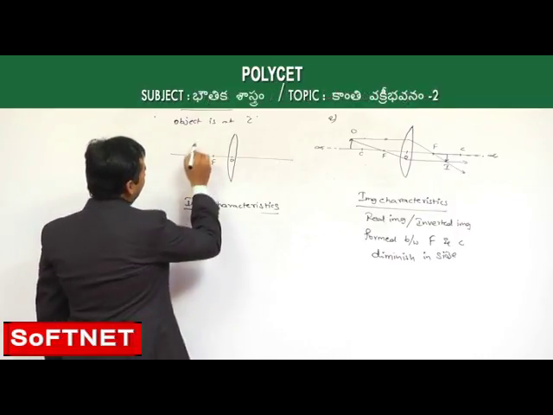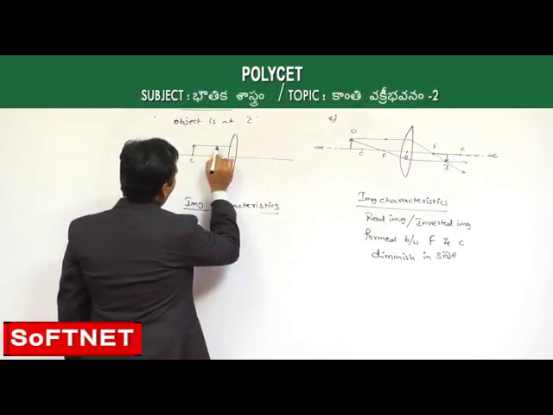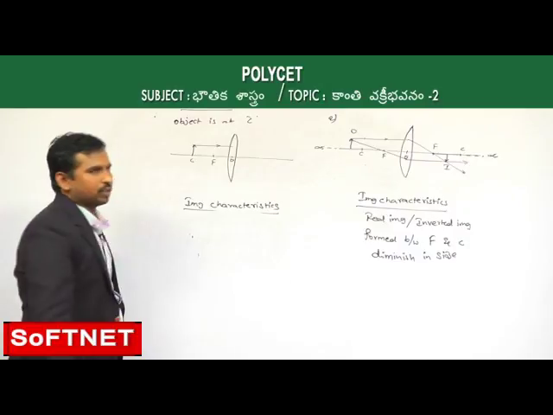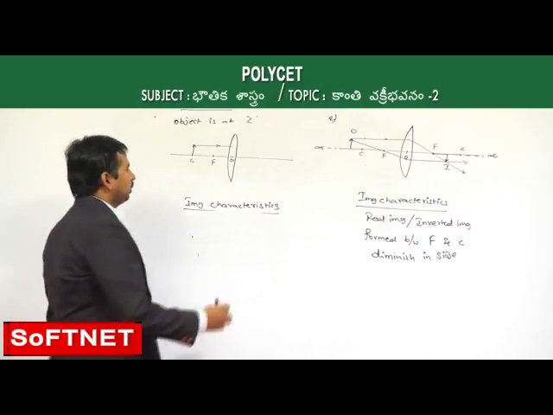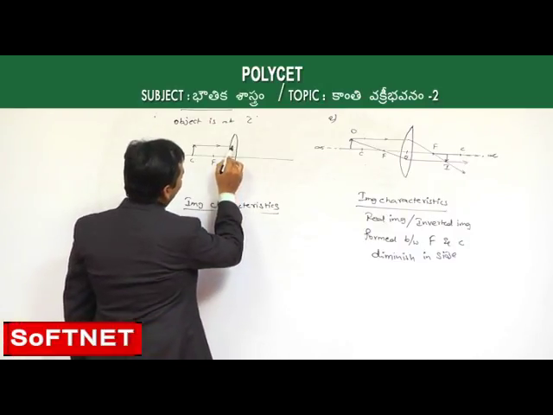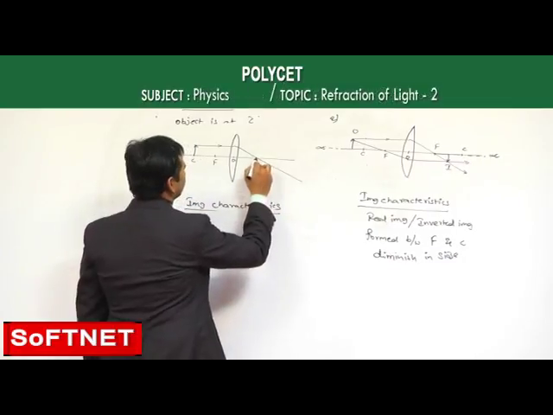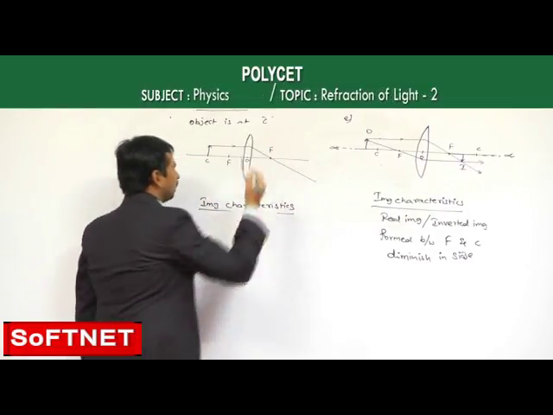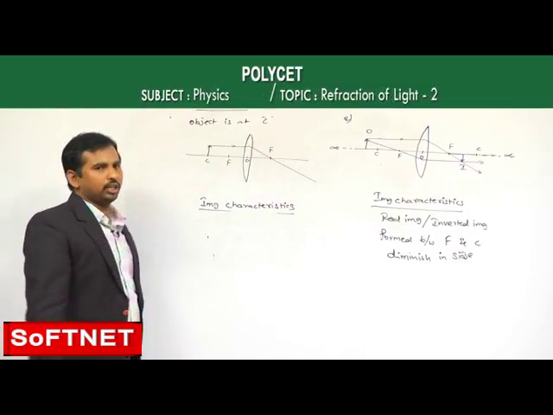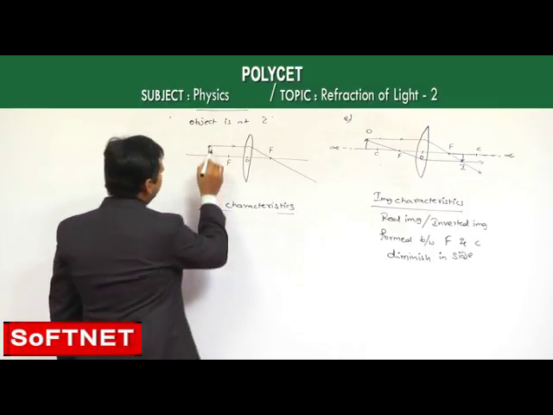Now we know that after refraction, if you are following rule 1, the first light ray after refraction passes through the principal focus, like this. Another light ray we have to take passing through the focus.